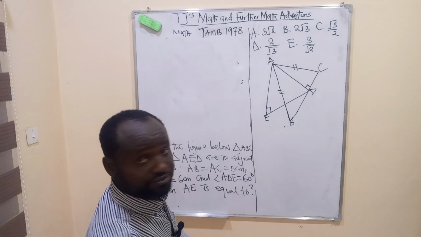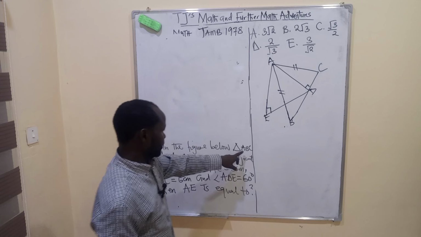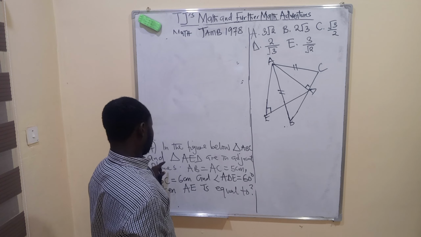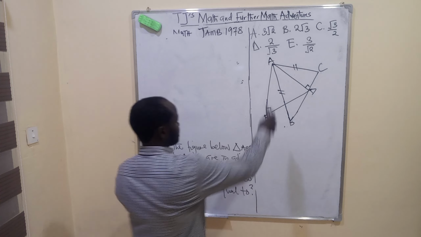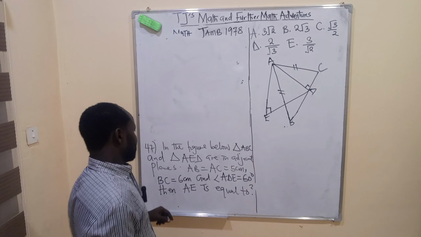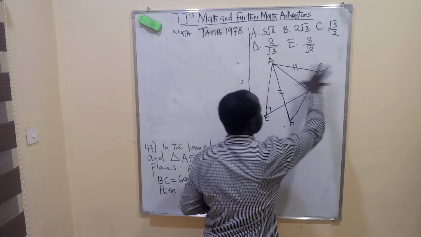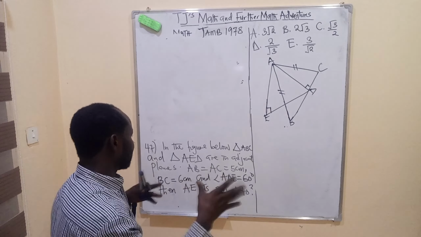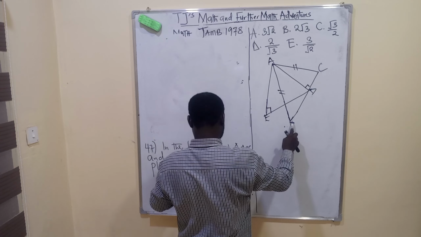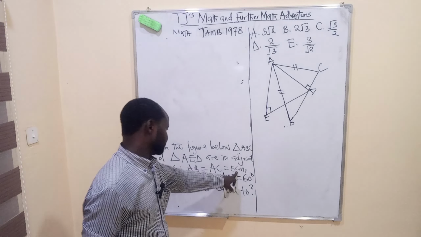The question reads, in the figure below, we have a figure here, triangle ABC and triangle AED are in adjacent planes, adjacent to each other, such that length AB is the same as length AC, which is given as 5 cm.